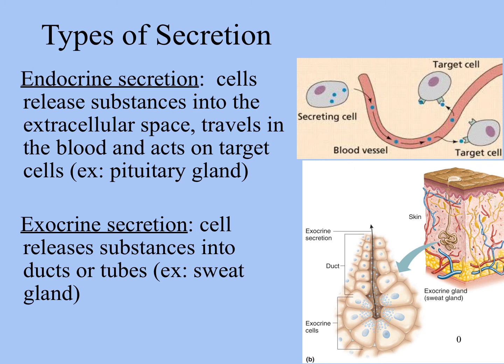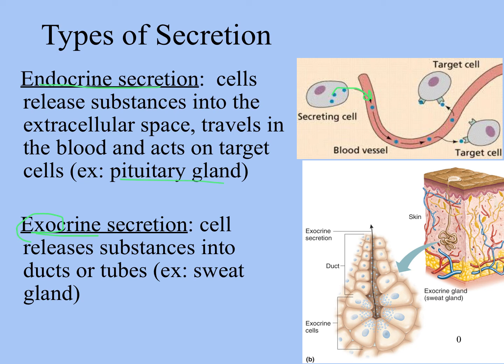Now, some other broad categories of secretion are endocrine secretion, which is endo meaning inside. So that's basically hormones secreting their products into the bloodstream to have an effect inside the body. So the example given here, pituitary glands, or any hormone secreting glands.